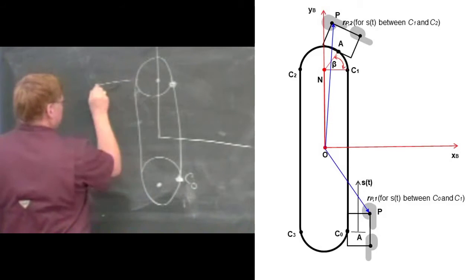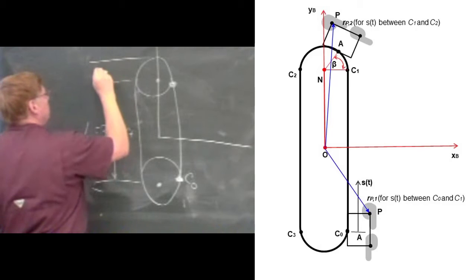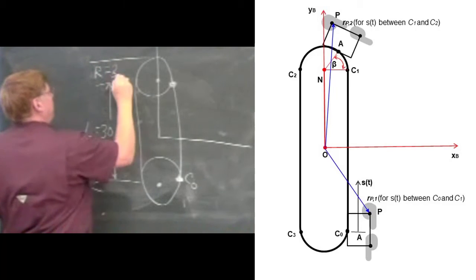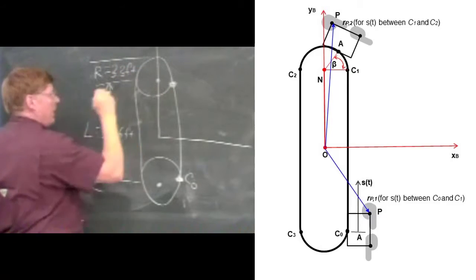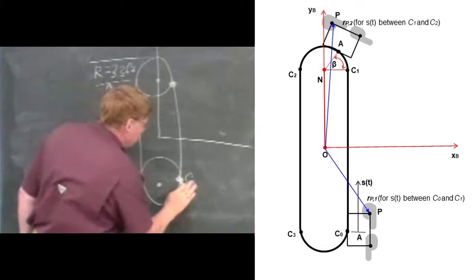30.6 from down there. Then we have a radius of 3.3 feet. Okay? We have the distance out.